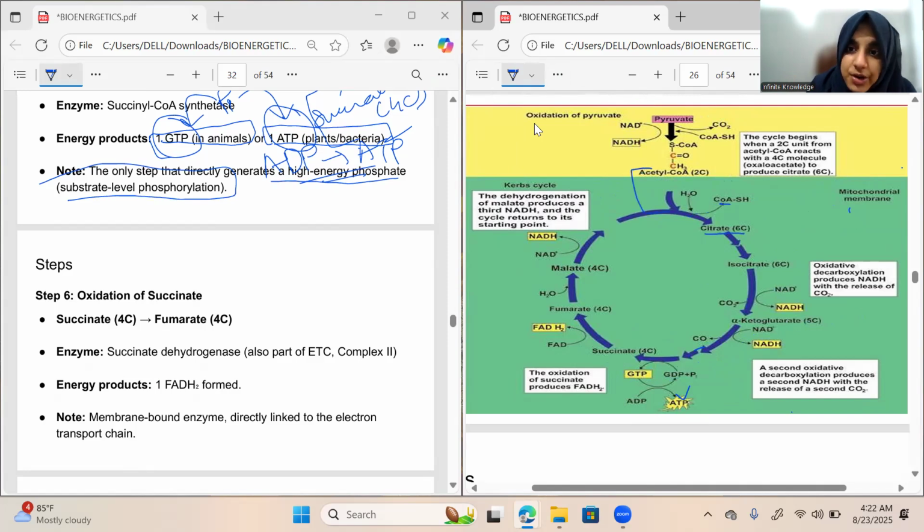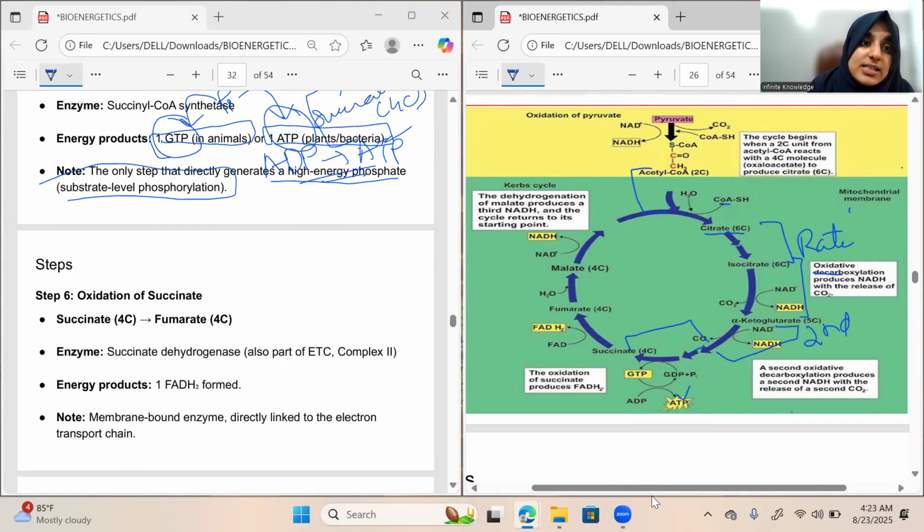It produces citrate. Now, this is the first isomerization. Citrate is converted into isocitrate. Isocitrate converts into alpha ketoglutarate. This is the first oxidative decarboxylation, and this is also the rate limiting step. Secondly, alpha ketoglutarate converts into succinyl CoA, which is the second oxidative decarboxylation. Succinyl CoA converts into succinate.